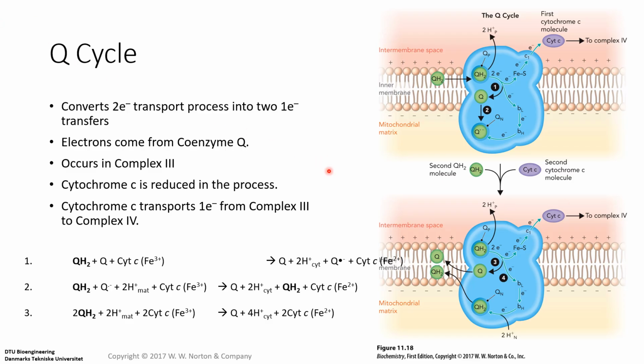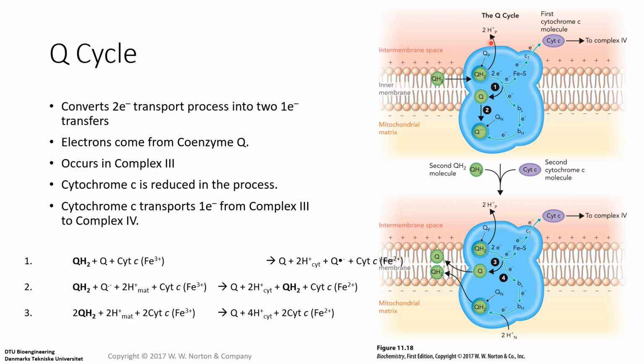So as I said, the ubiquinol cycle is a bit complex. It's cut into basically 4 parts, where we have a part that starts with the first ubiquinol here, which is oxidized into ubiquinone.